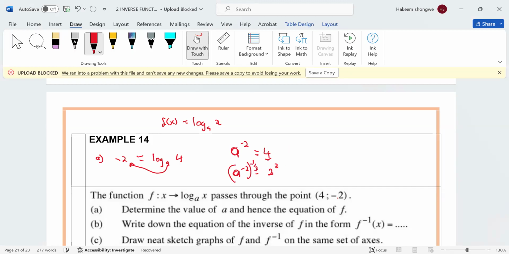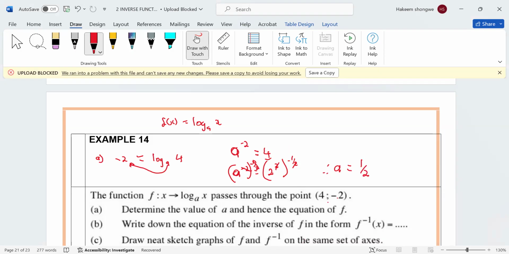Then these exponents divide each other, and you're left with 2 to the power -1.